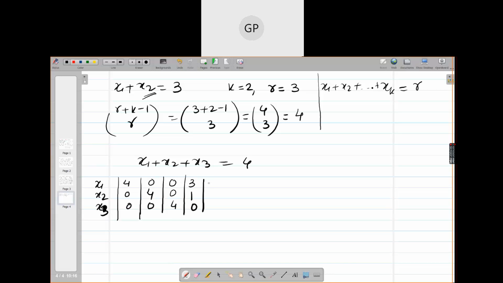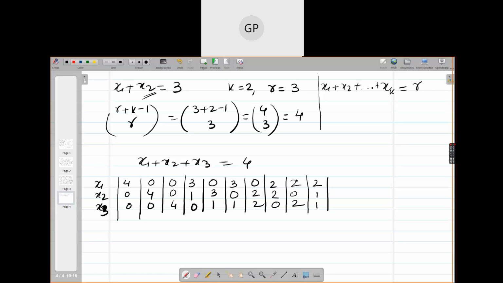310, correct. 031. 301. 022. 220. 202. 211. 112. 121. 013. 103. 130.